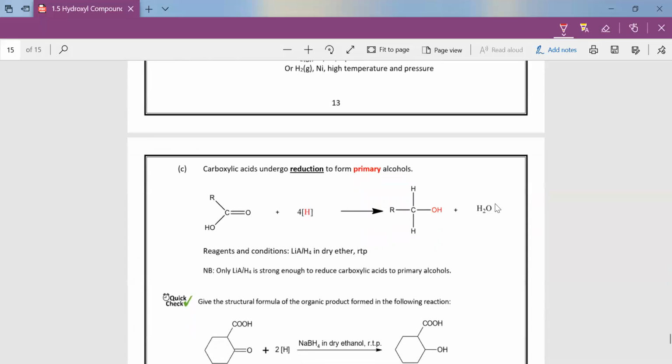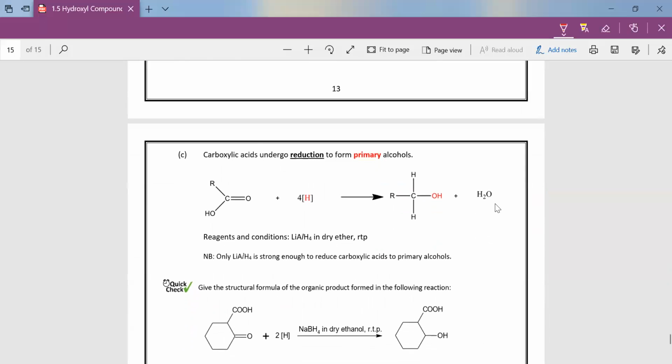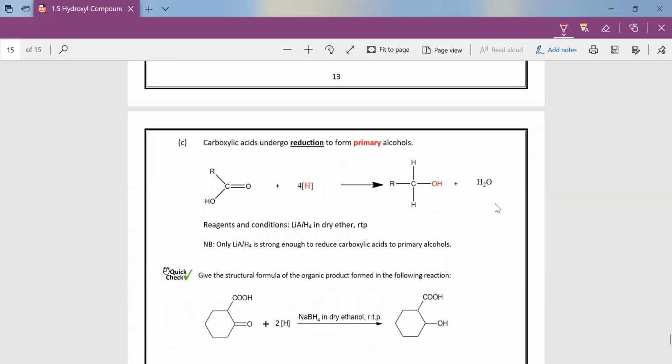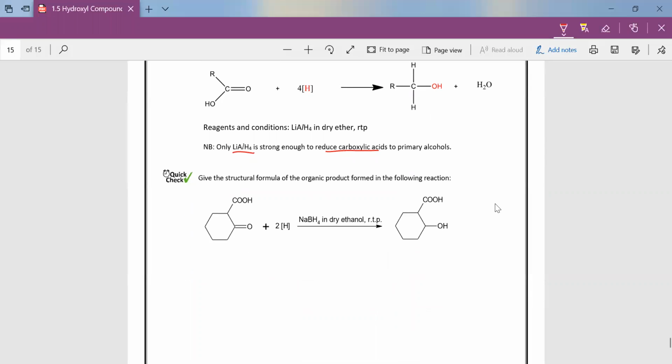Carboxylic acid can also undergo reduction to form your primary alcohol. Take note that only lithium aluminum hydride is strong enough to reduce carboxylic acid. So this is the quick check for you: sodium borohydride will only act on a carbonyl group to reduce it. It will not touch any other group. Just take note of that.